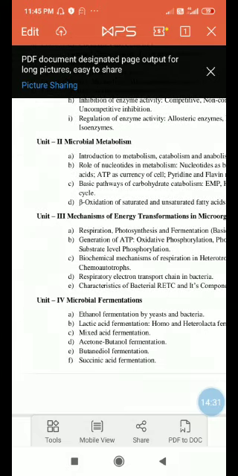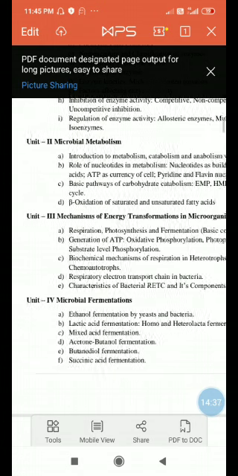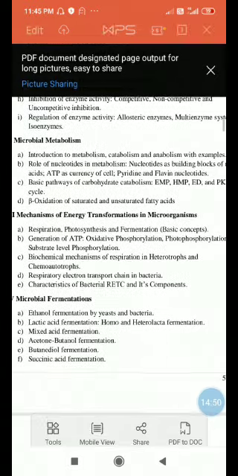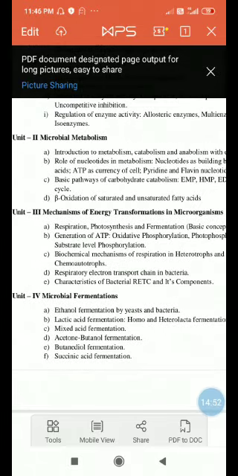Let us see unit number 4, microbial fermentation. Under that, number 1, ethanol fermentation by yeast and bacteria. Number 2, lactic acid fermentation. There are 2 types of lactic acid fermentation, homo and heterolactic acid fermentation.